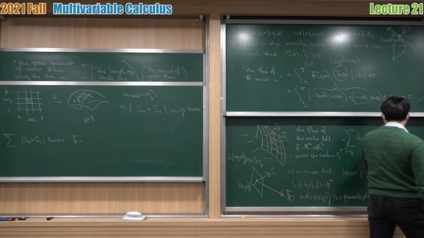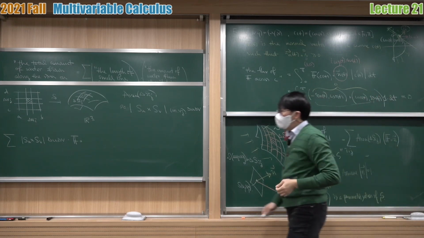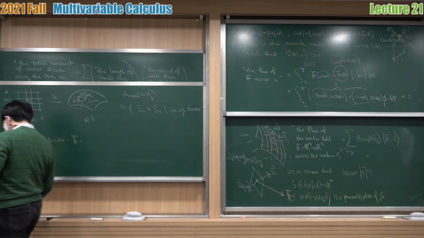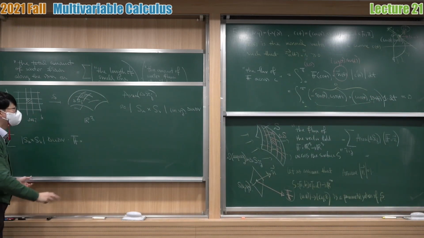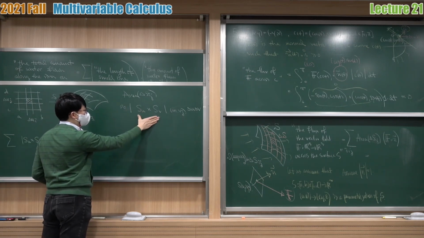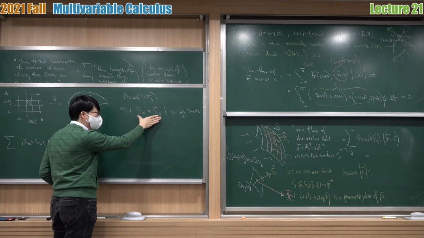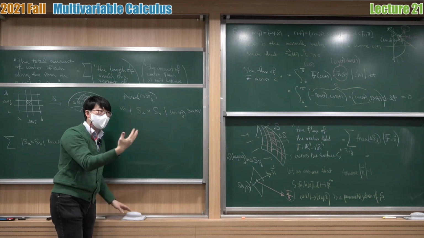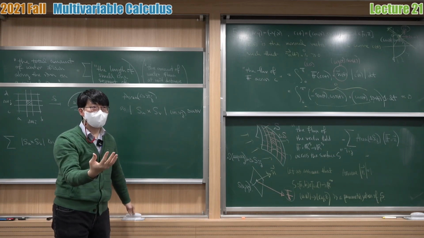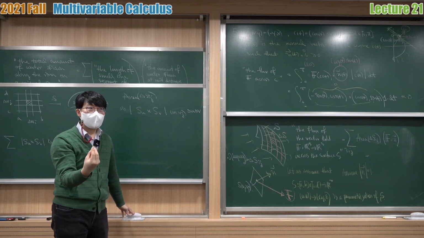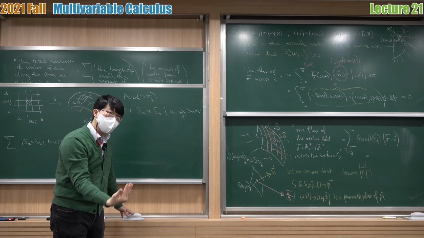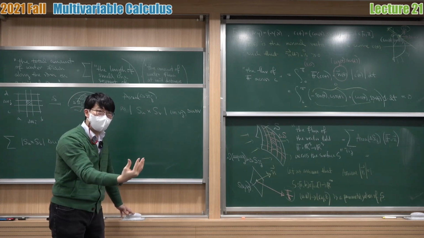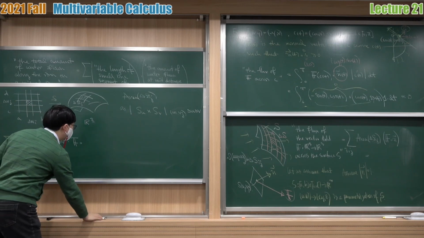Now, let's find out what N is. How do we find N? So we found the area by taking the cross product and taking the norm of that cross product. What does the direction of the cross product give you? It gives the normal direction of your curved surface.